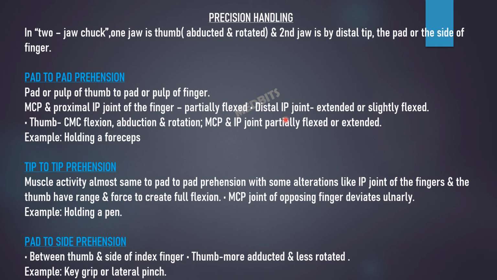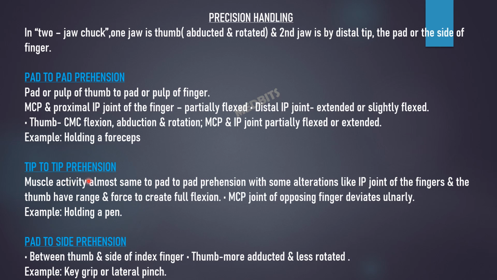The distal interphalangeal joint is extended or slightly flexed. Thumb carpometacarpal flexion, abduction and rotation. The metacarpophalangeal and interphalangeal joints are partially flexed or extended. An example of this is holding forceps.